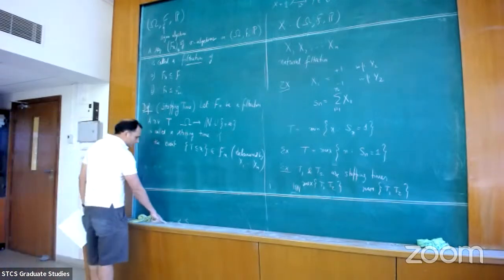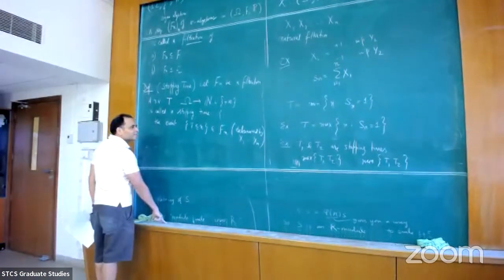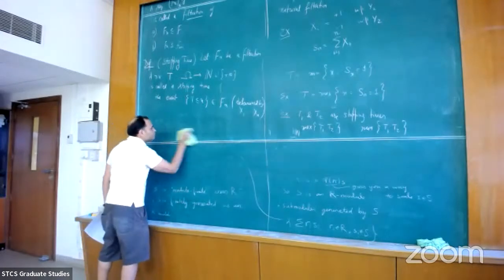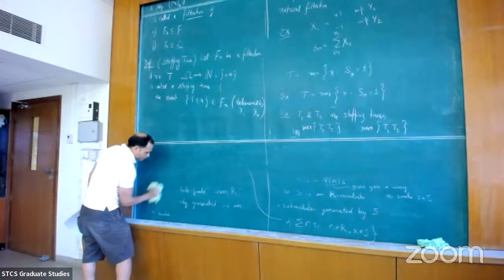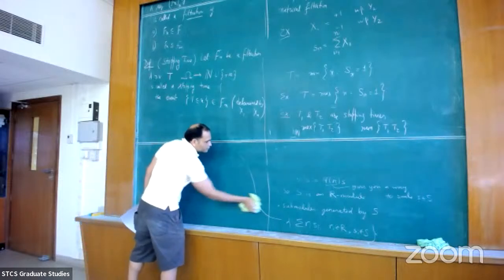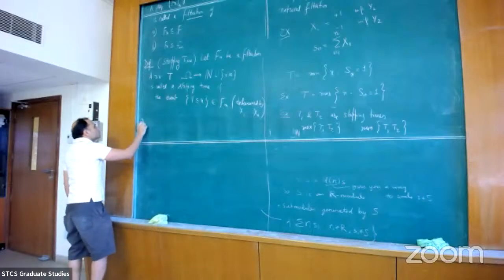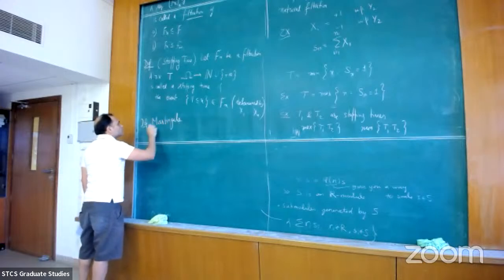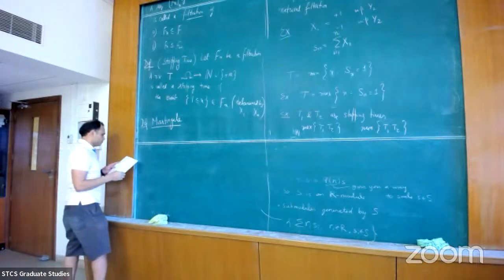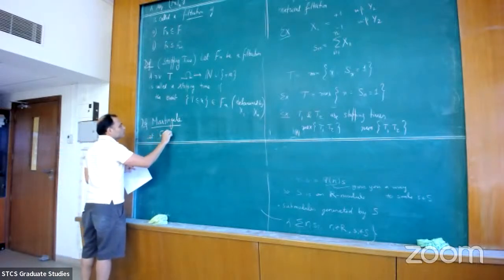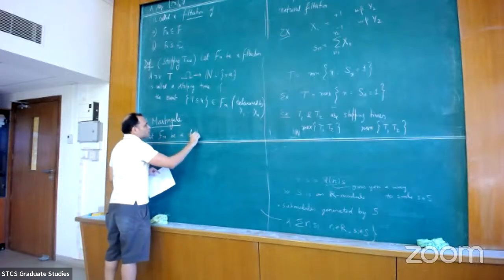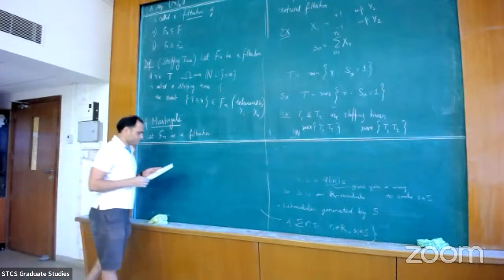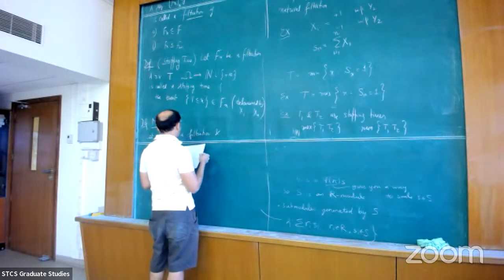Now comes our final definition for today. Again and again, I'm going to repeat the filtration Fn, generated by x1 through xn.